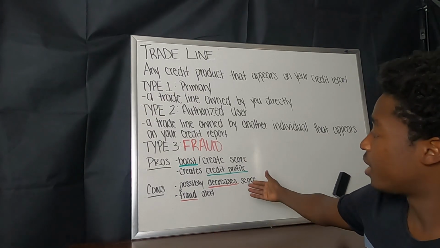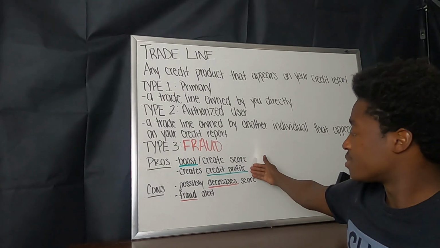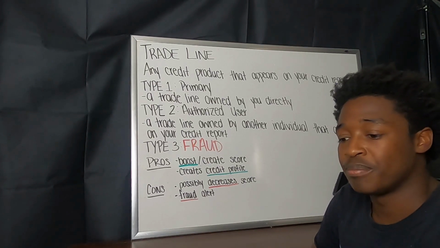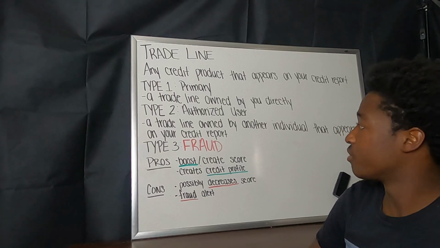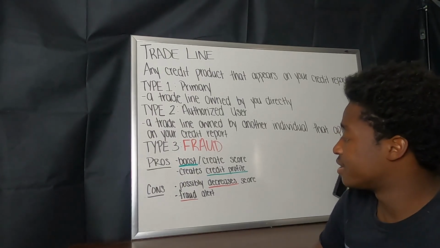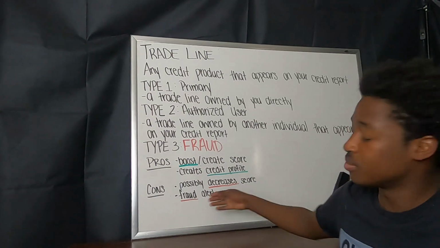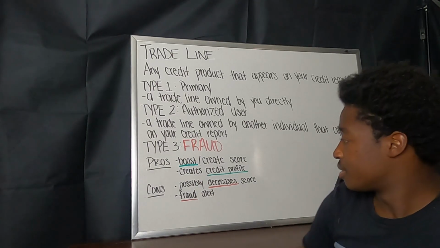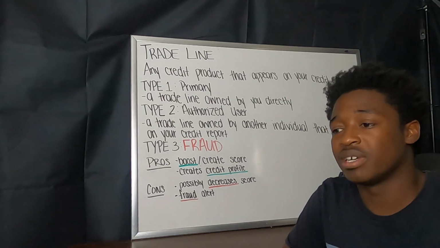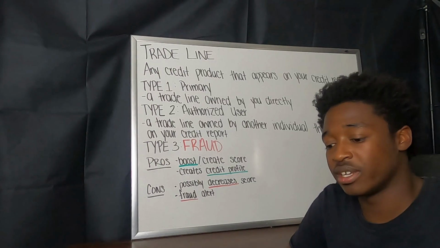That's another part of why you have to be cautious with who you choose to ask for an authorized user trade line from. And the most concerning one to myself personally is that it can put a fraud alert on your credit.